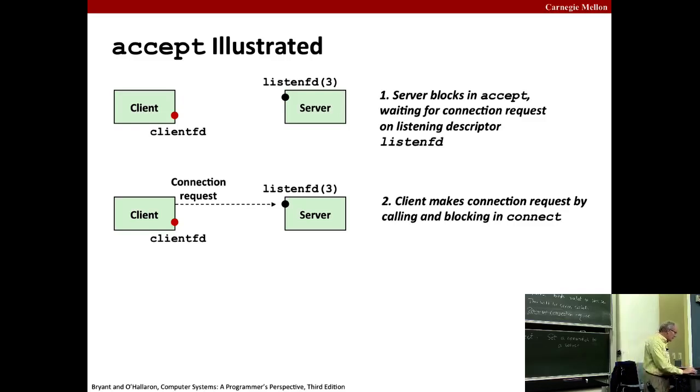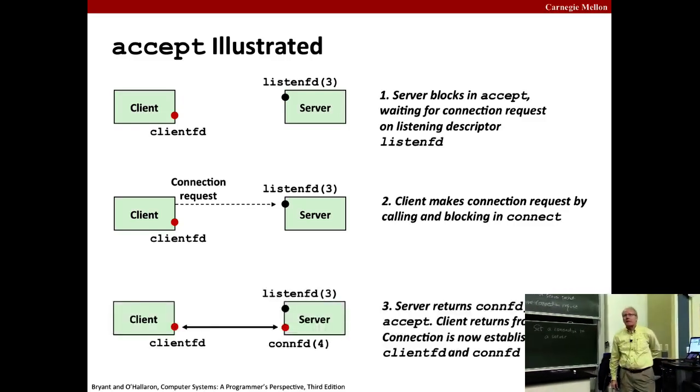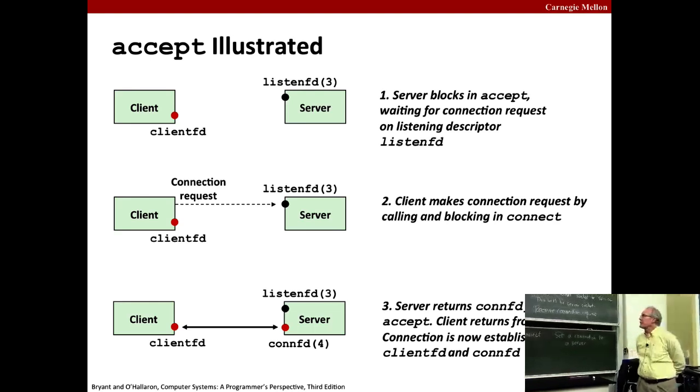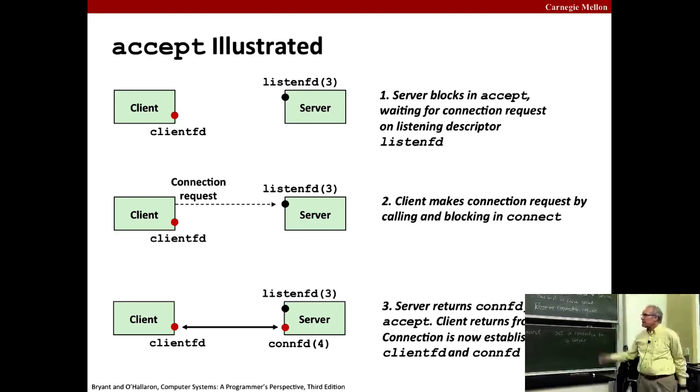And then, as I mentioned, accept actually returns a new file descriptor, which the server will then use as its connection point to this particular client. The theory is that, as a server, you want to be able to handle multiple clients at the same time. If I'm communicating with Google or Amazon, you should be able to do so at the same time.